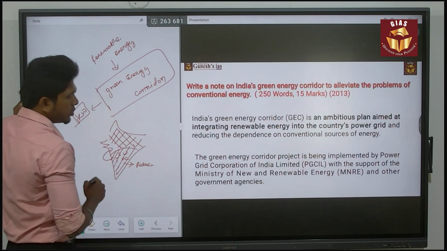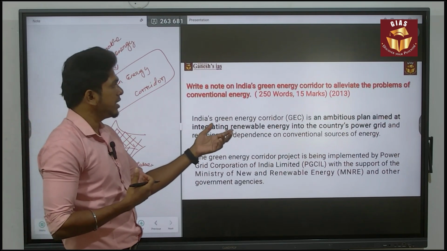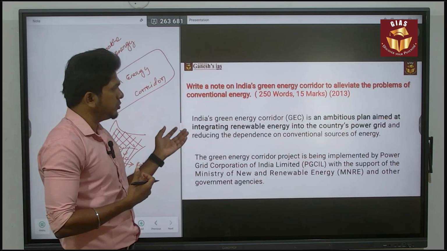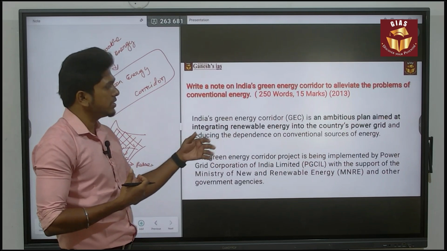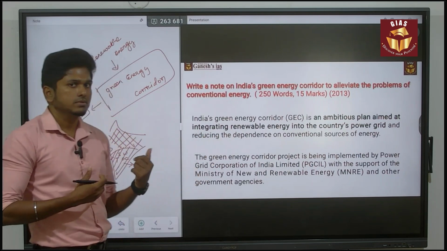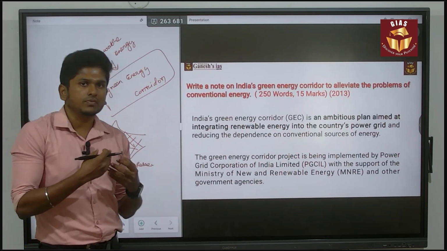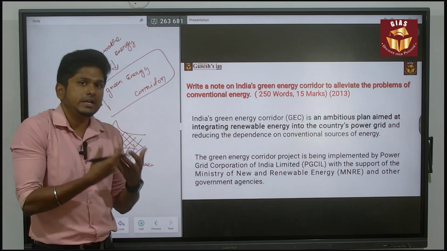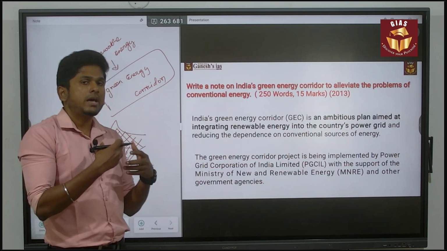So it is about transmitting the energy. Green energy corridor is an ambitious plan aimed at integrating renewable energy into the country's power grid and reducing the dependency on conventional sources of energy. It is about transmitting renewable green energy from the regions which have a high source of energy.